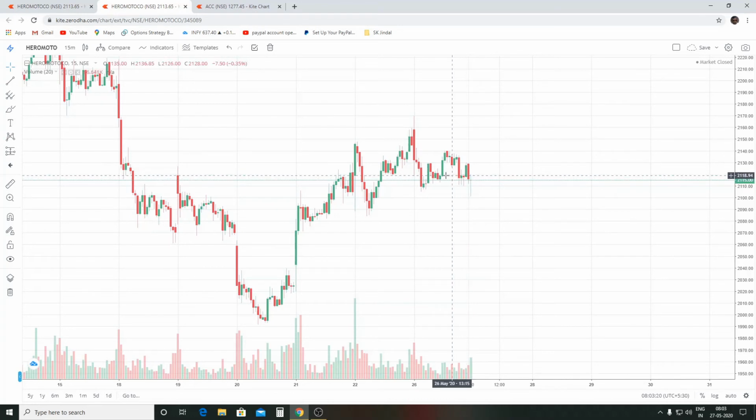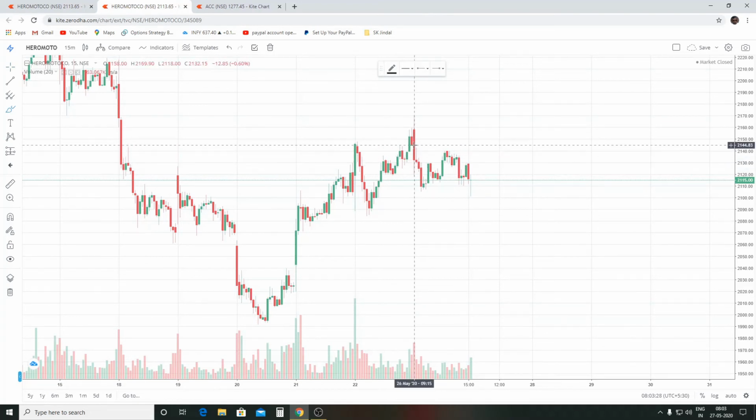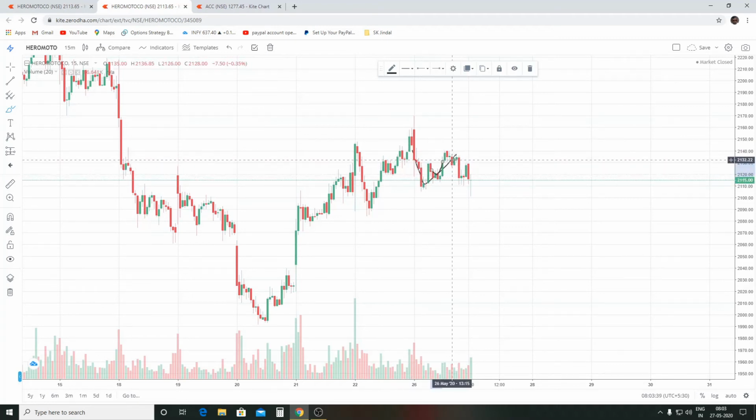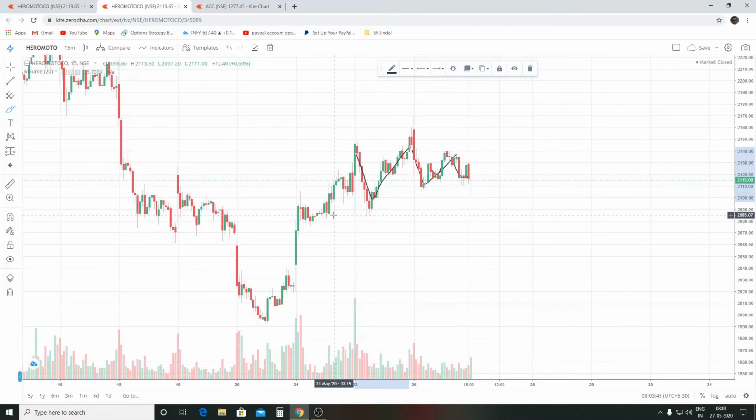Looking towards its left, you need to see which are the visually appealing U's and inverted U's. So for support, you need to see U's, and the most visually appealing U is this big one. You can even see the smaller ones, but you need to consider only the biggest and the most visually appealing. This is one visually appealing.